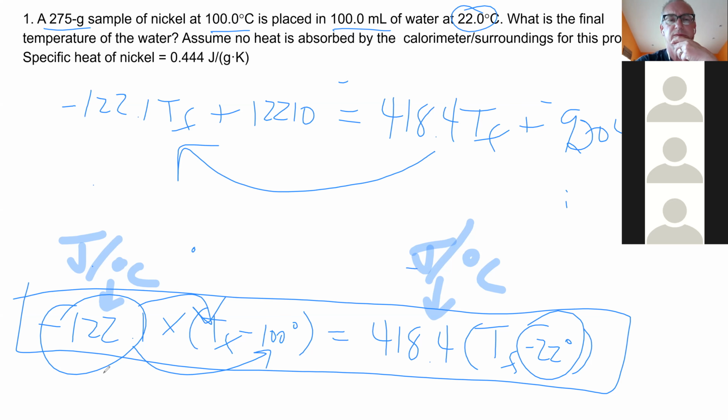It is. Negative 902.04. It is. Oh, okay. Yeah. So I'll move the TFs to the left and I'll move the numbers to the right. So I'll move these numbers over here. So what should I get on the left side?